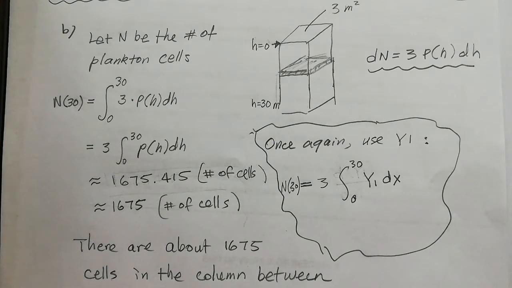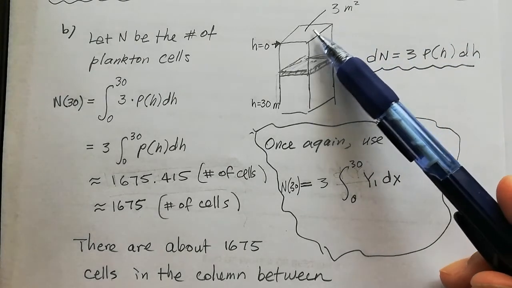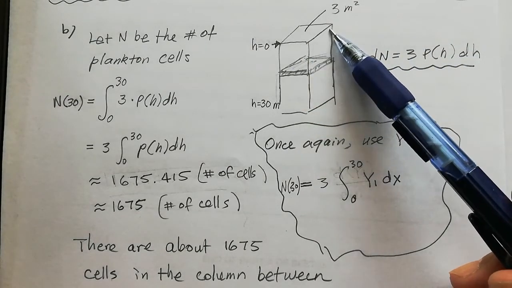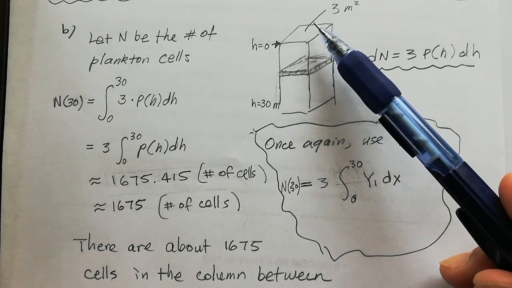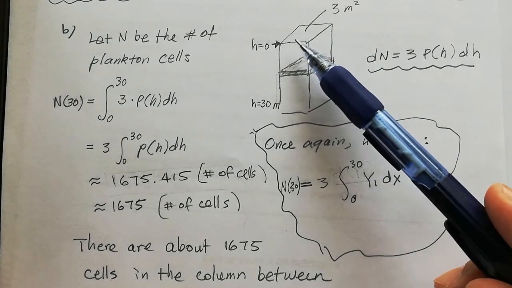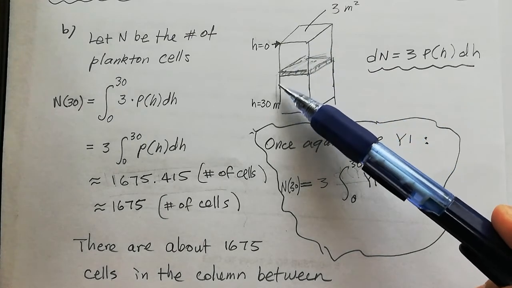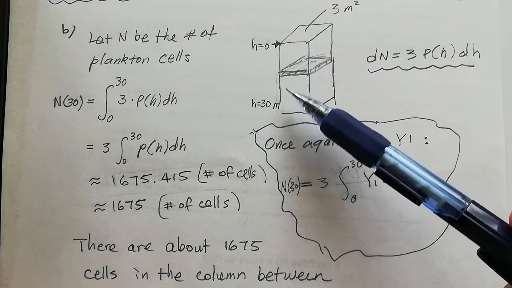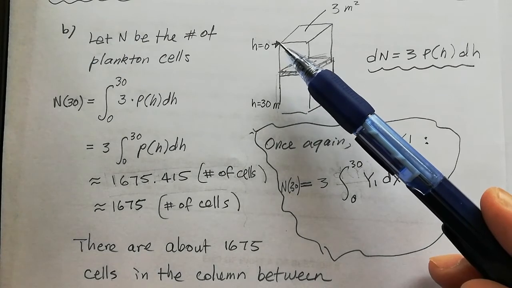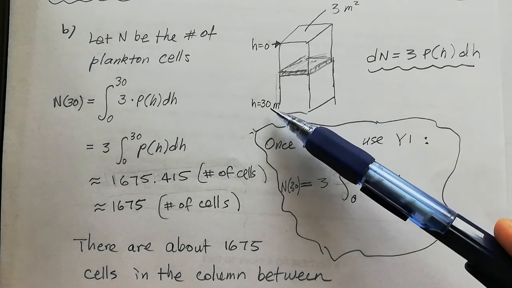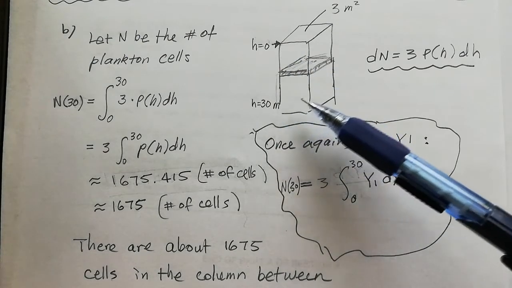Sketching something is always helpful. The area is 3 square meters. It doesn't matter if it's a circle or square, it's up to you. And this is a column going down this way. This is h equal to 0, this is h equal to 30.